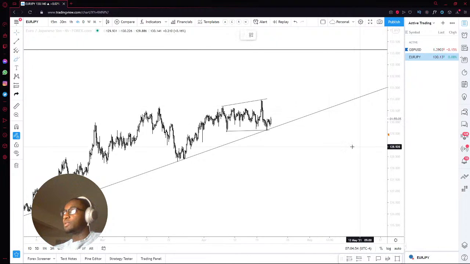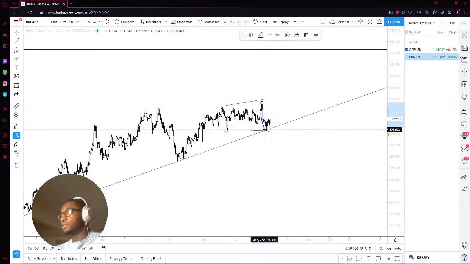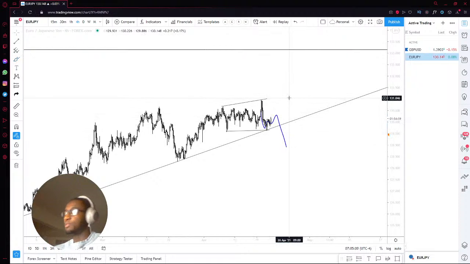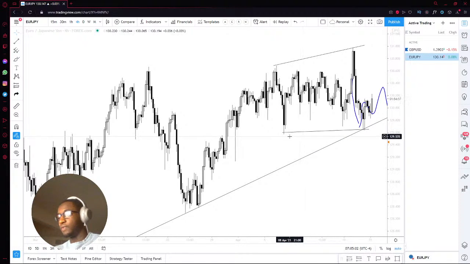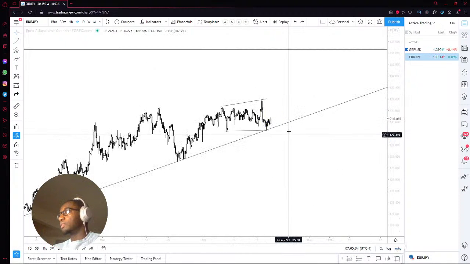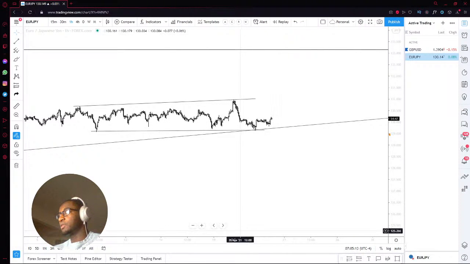Now there is a possibility that this could turn into just an impulse here. This is a correction and then price just shoots down. If it happens, it happens. Gotta deal with it and just find a new opportunity. But right now, just looking for this to continue pushing up. Let's go down to the lower time frame, see if there are any other opportunities there.